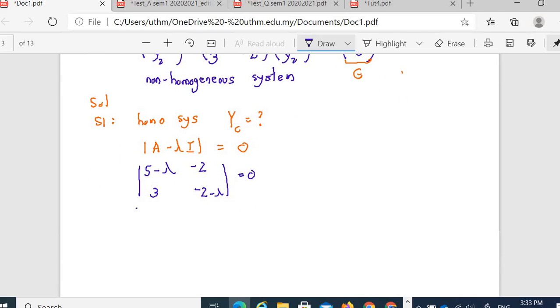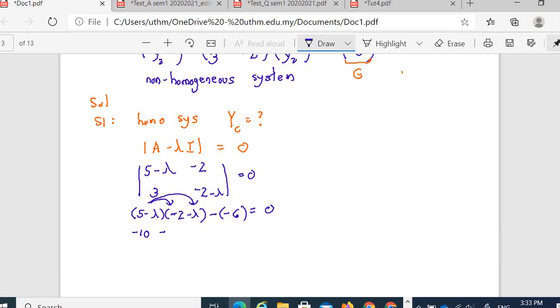And then you calculate the determinant. You have (5 minus lambda) times (negative 2 minus lambda) minus the product of 3 times negative 2, which is negative 6, equal to 0. So you have negative 10. You expand slowly.